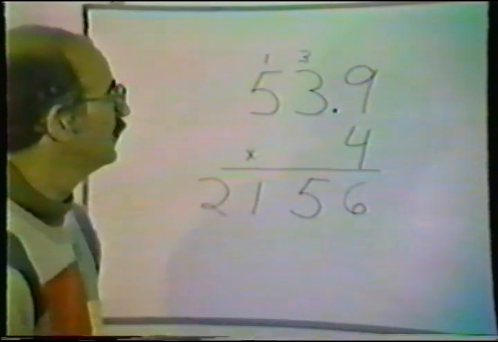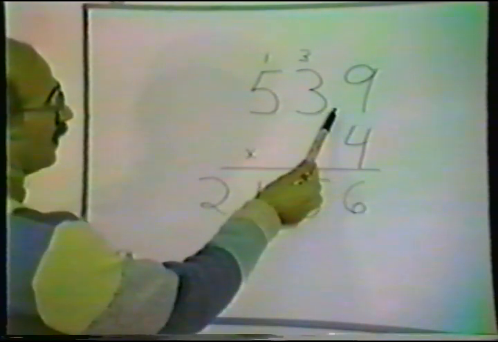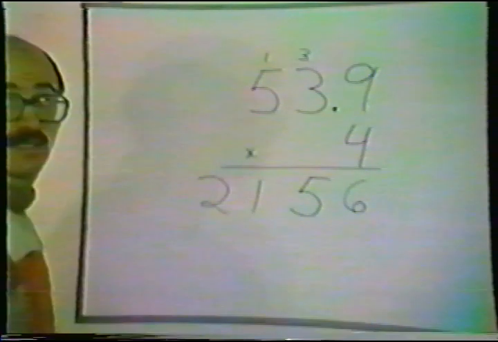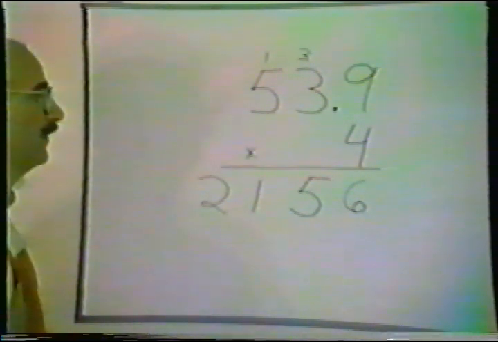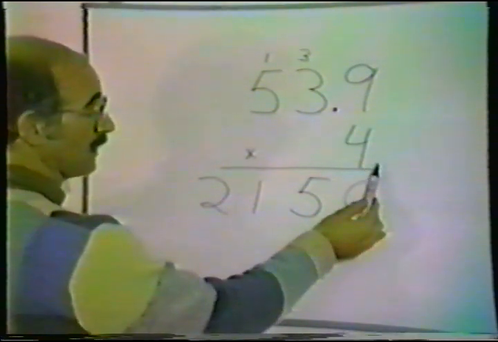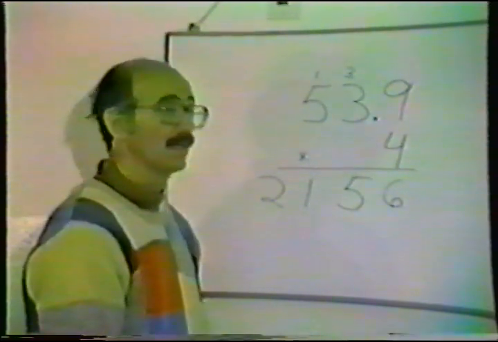We look at this problem and we see that to the right of this decimal point, one place is filled with a number. And if there were a decimal point here at the end of this one, we see there aren't any places to the right of that filled.